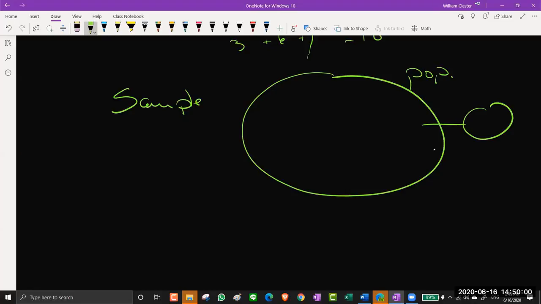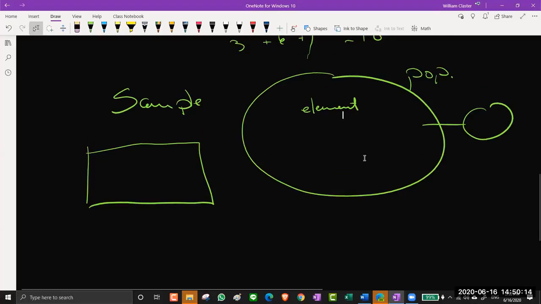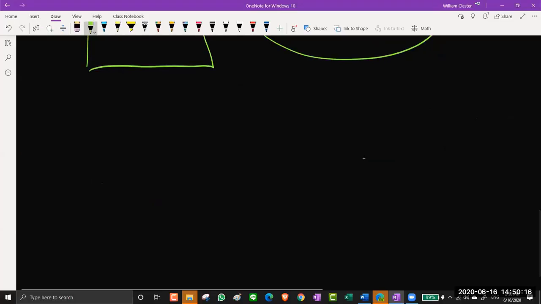So when we take a sample, there are elements in the population. We're going to take samples from the elements. Okay, so when we talk about the elements, what's another word for element in our class?